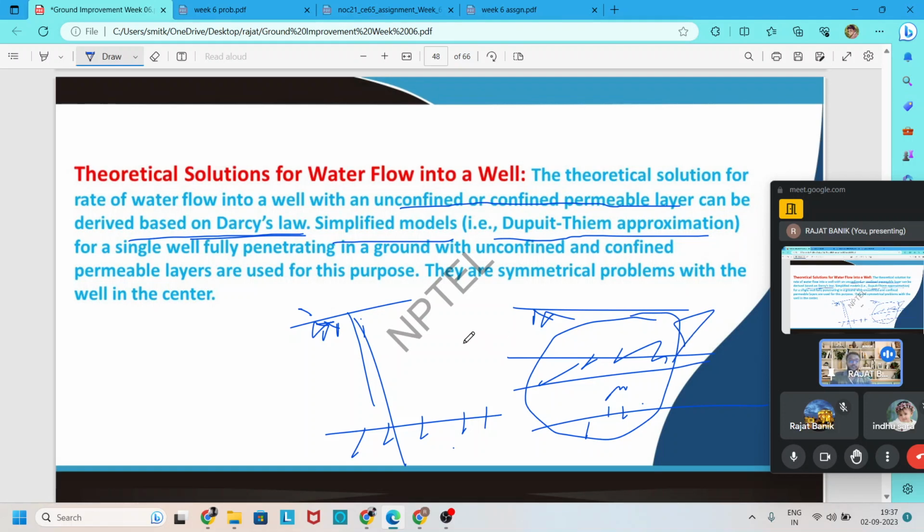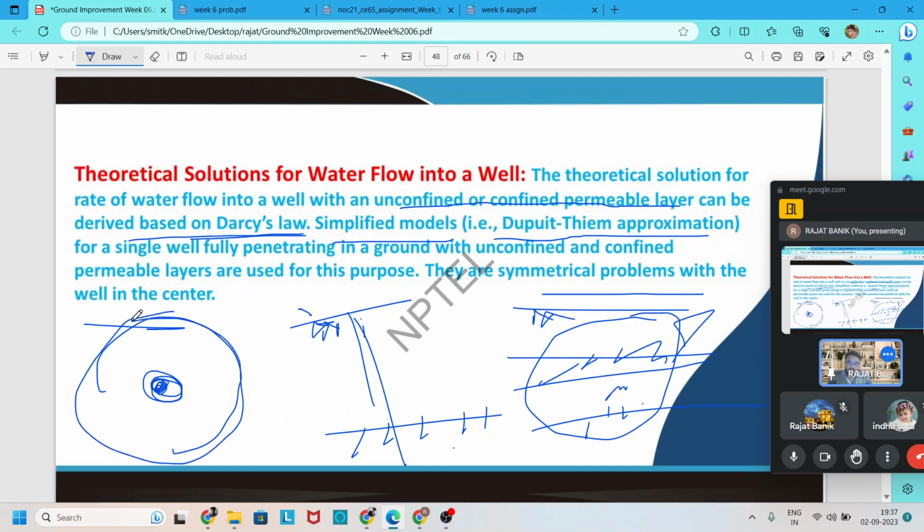So this technique is used for both cases, unconfined and confined. And to use this technique, one symmetrical well is used. That means one well point is used, and based on this well point as the center, surrounding soil, up to that much influence area, we need to find out the water flow rate and also the permeability of the surrounding soil.